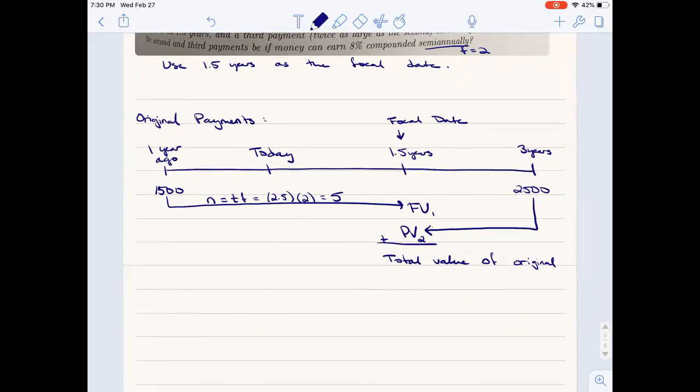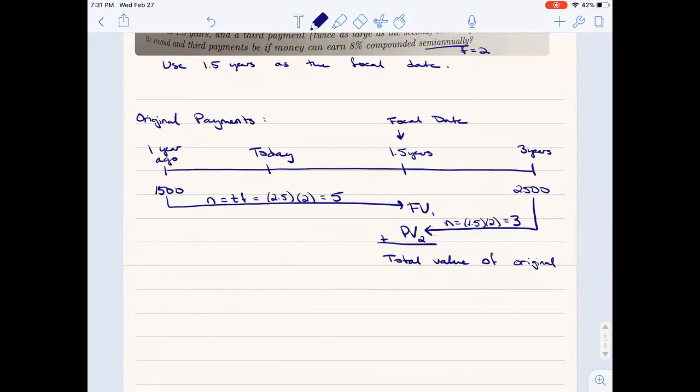Same idea here. I'm not going to write out the formula because I don't have that much room. But between 1.5 years and 3 years, there's 1.5 years. So I've got 1.5 times 2 which is 3 compoundings.